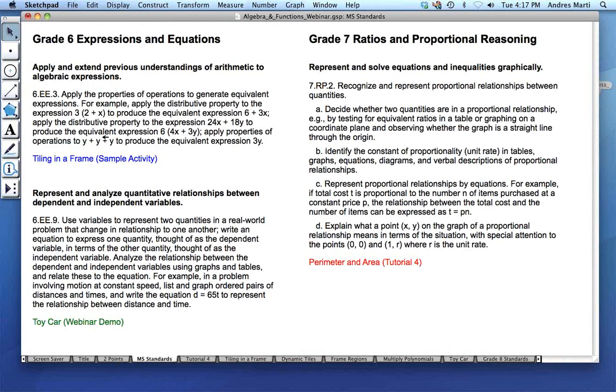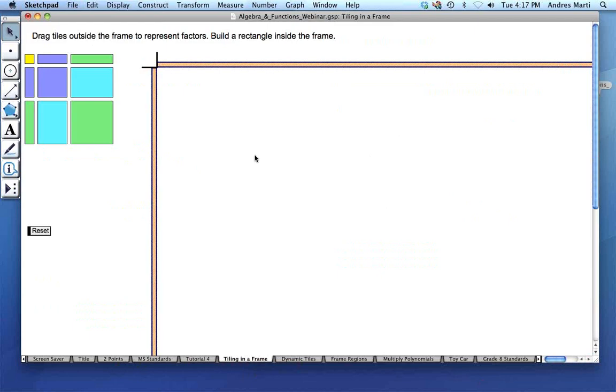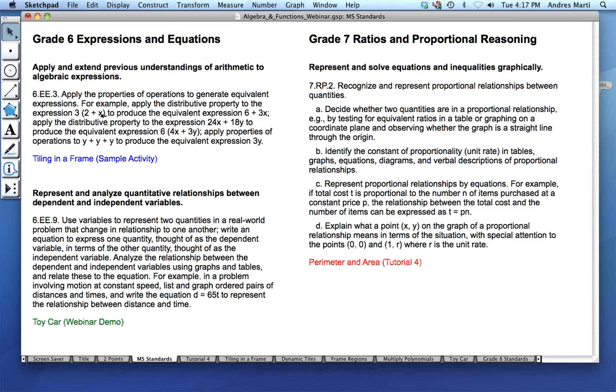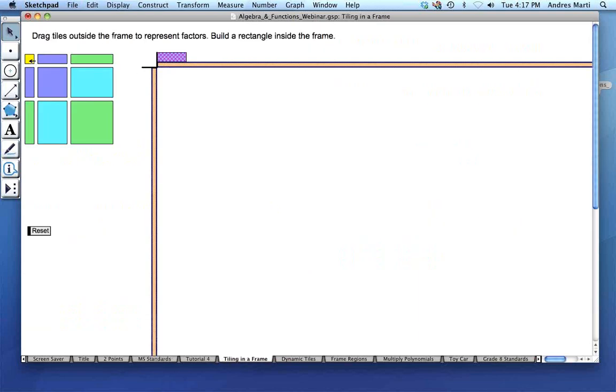Now this is a prepared model, and this is the one about equivalent expressions, and so at one level, this model is sort of a virtual version of algebra tiles. I think the example problem that they give here in the standards is 3 times 2 plus x. They give some other ones as well. But you can model this with x plus, or I guess 2 plus x.